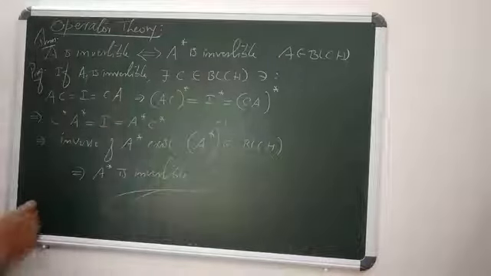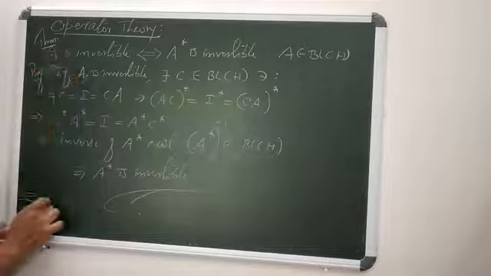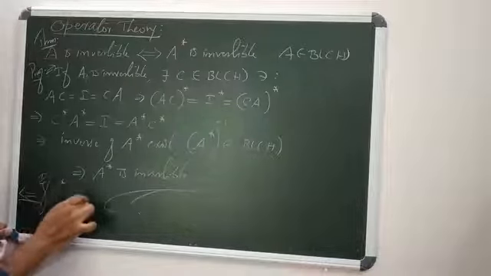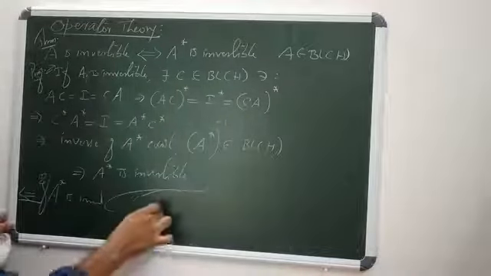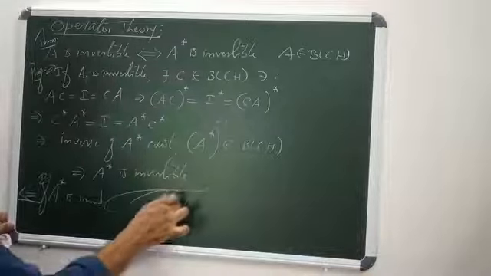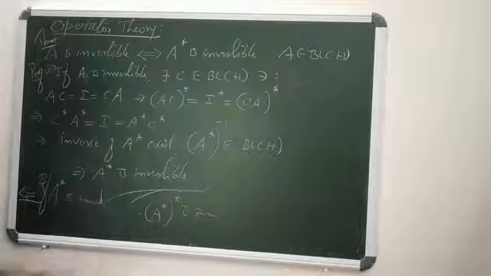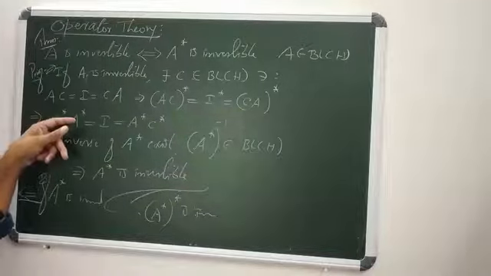What about its reverse inclusion? Reversely, suppose A star is invertible. A star is invertible means A star star is invertible. Why? We know that when A is invertible, its adjoint is invertible, as we proved.